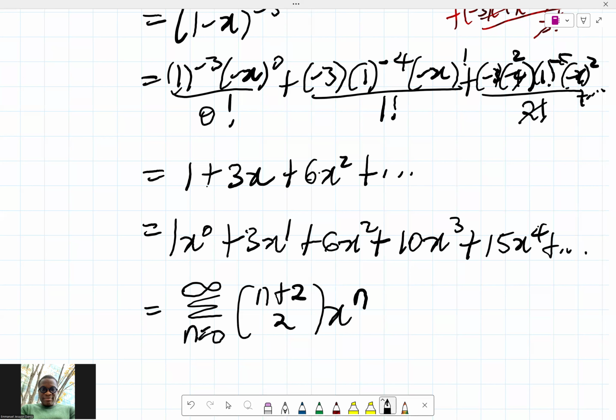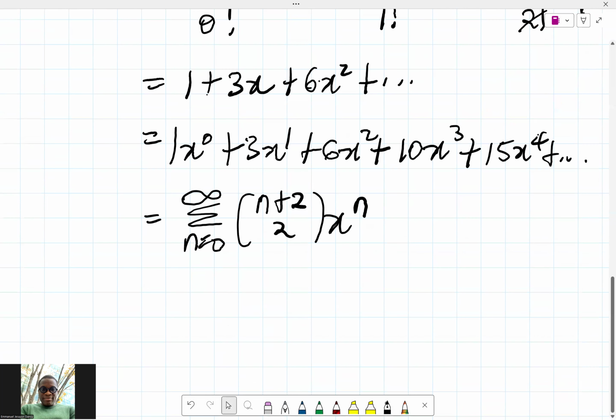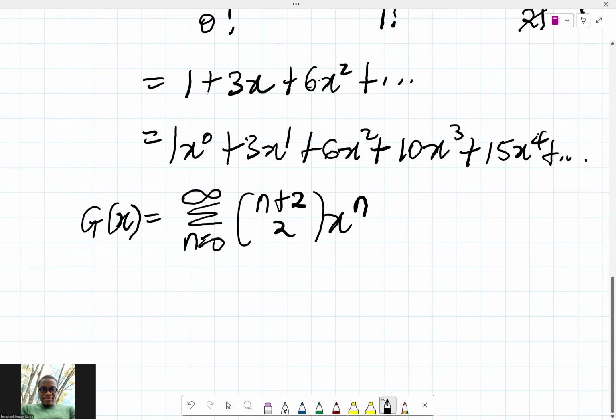When n is 2, you have 4 combination 2, which is 24 divided by 4, that is 6, and that goes on like that. So this is the general term. So g of x is equal to this.